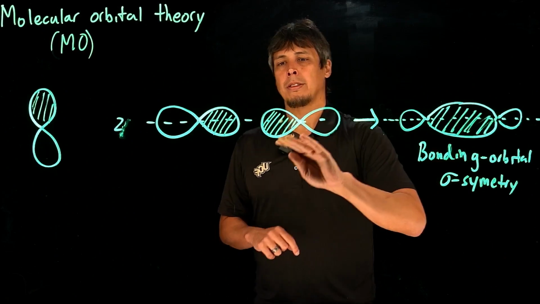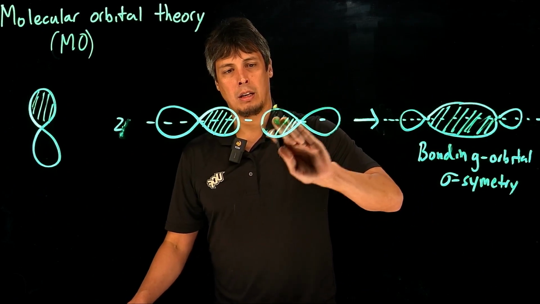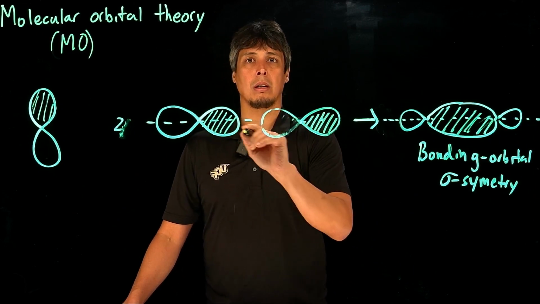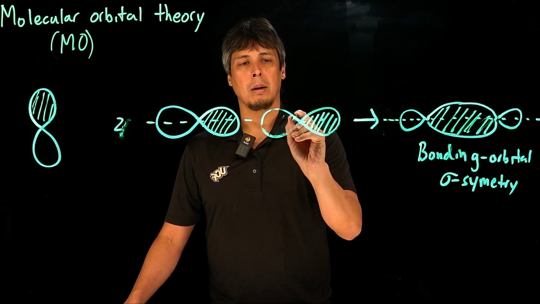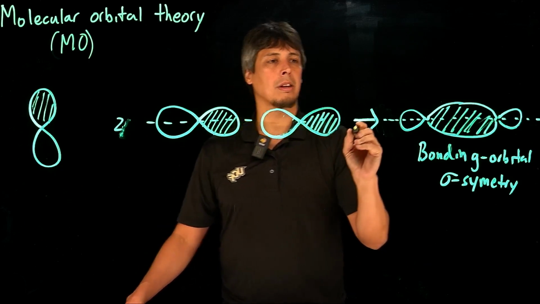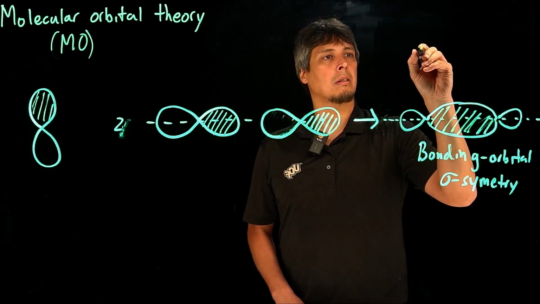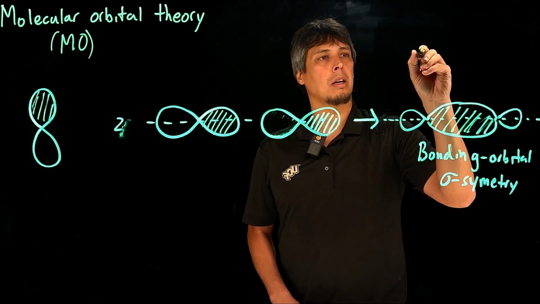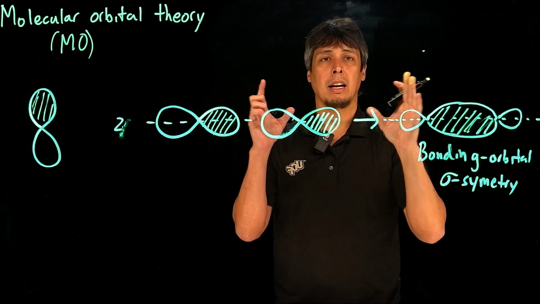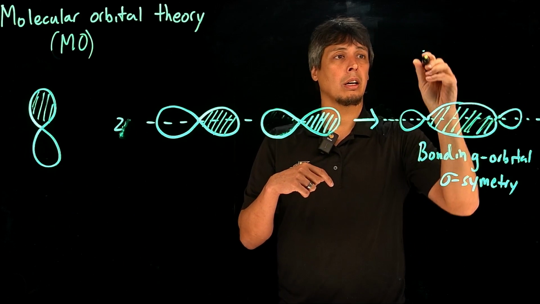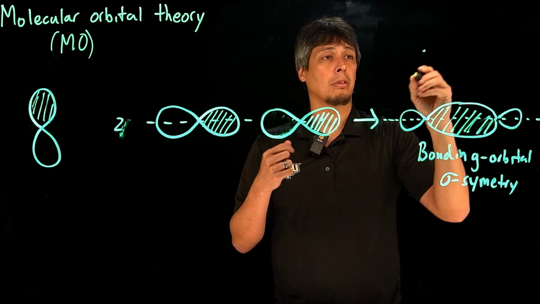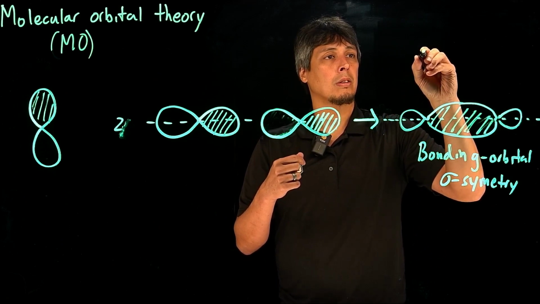All right. If instead we have destructive interference, where the lobes pointing towards each other for these two pz orbitals are not in phase, then we're going to get something that's higher in energy than the bonding orbital, and we expect to have a node between the two nuclei, much like we did for the antibonding orbital for dihydrogen. So this is our nucleus.